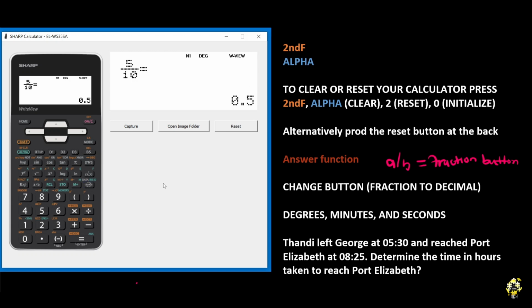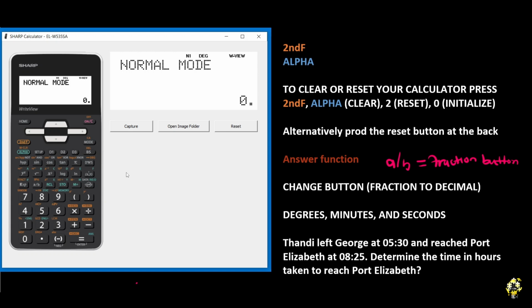And now, most importantly, your calculator can do time. The time button is the one written DMS, which means degrees, minutes, and seconds. But for our case, let's pretend we never had degrees, we don't even know what degrees is. Let's put hours, minutes, and seconds.